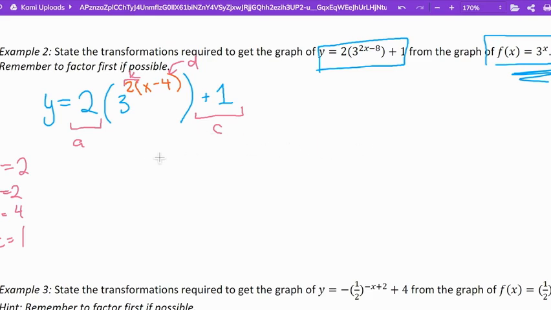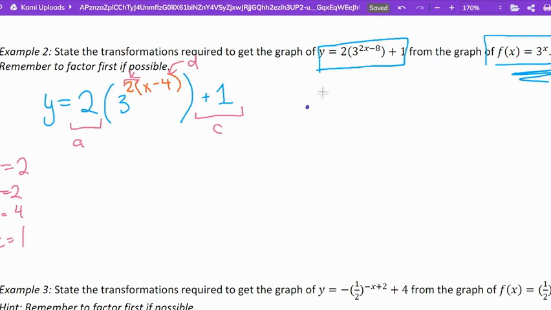And so now what we're asked to do is list RST, right, in the correct order. So first of all, are there any reflections? Is K or A negative? No. So we don't have to list reflections. All right. So now we talk about stretches in any order.